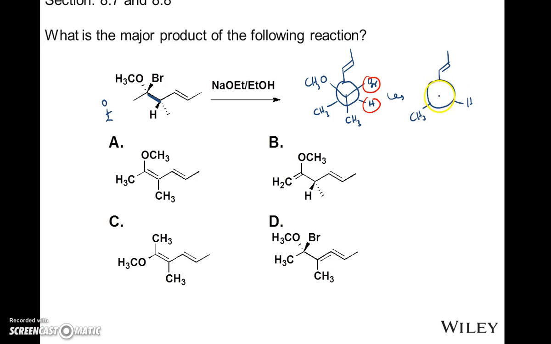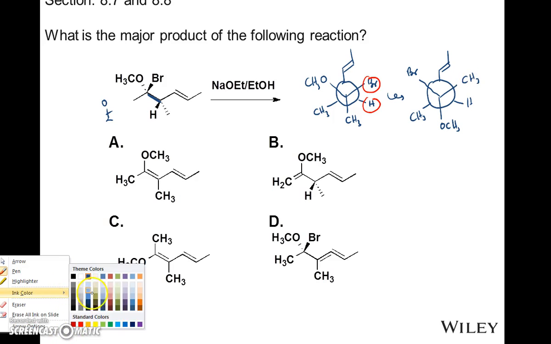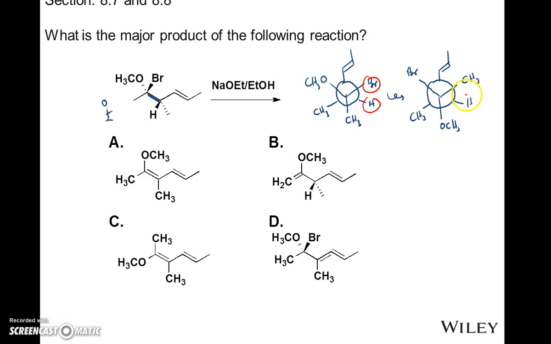So this Br is not going to be pointing here like this. Then this OCH3 is going to be pointing down like that. The CH3 is going to be pointing out like that. So you can see that the two groups that need to be eliminated are going to be anti-periplanar.